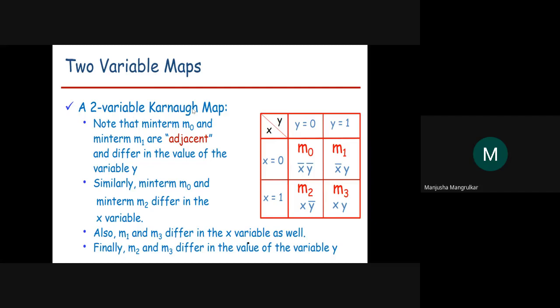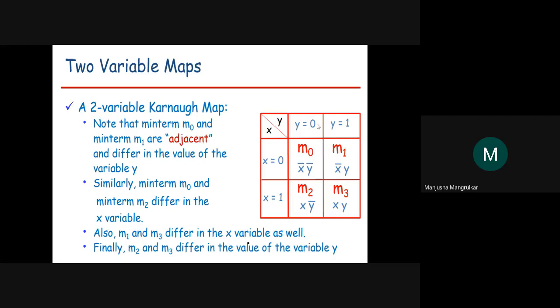Now, the two-variable K-map. Note that the min term m0 and the min term m1 are adjacent terms. They differ in the value of the variable y. This is m0 and m1. The value of x is the same, but y is different.